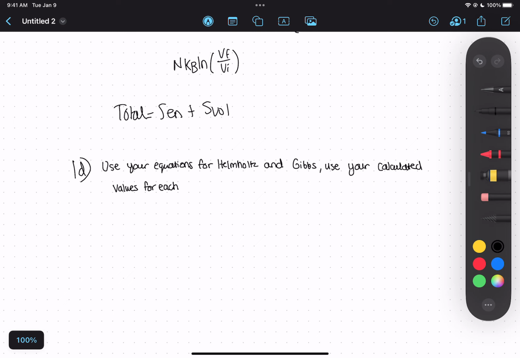But delta G equaling 0 should be when a process reaches equilibrium. The way they're defining it, I believe, is that they want it to be when delta Z is at a minimum. That's when it reaches equilibrium. That's what I kind of understood from that.